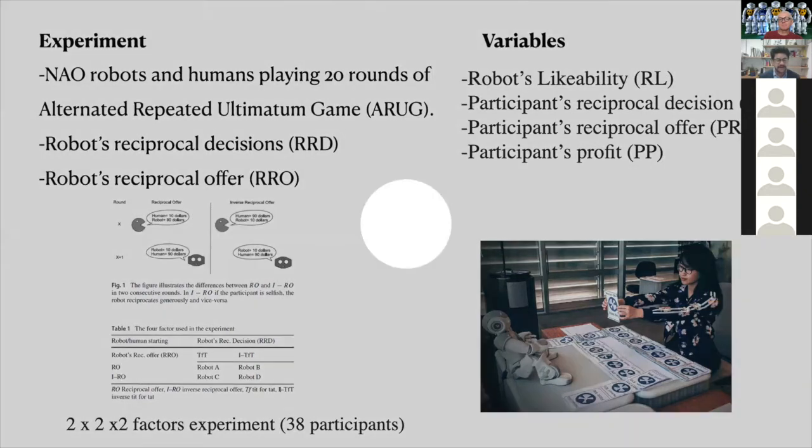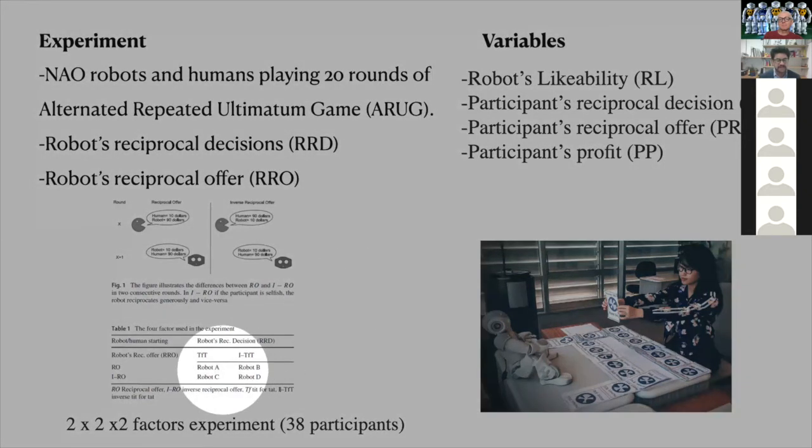For this, we designed 4 different behaviors that depend on the robot's decision to reciprocate or not when playing the Ultimatum game, and on the financial offer that the robot makes to the person. So if the person offers little money, the robot can offer little money in the next round. Or, in the inverse reciprocal offer, the person offers little money and the robot reciprocates with a high offer.